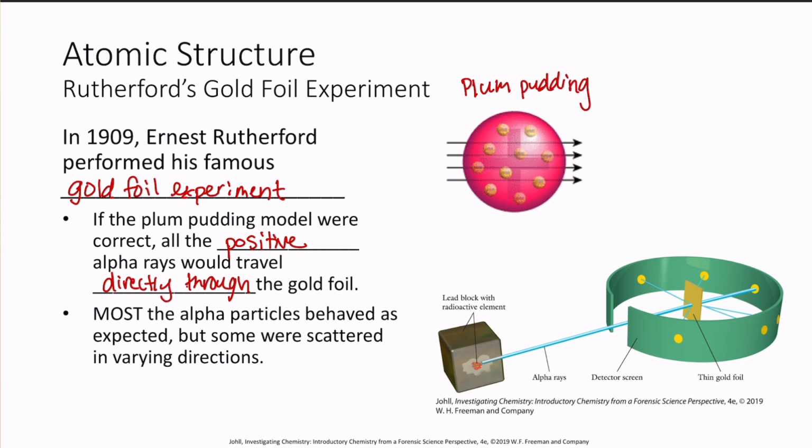As you can see here, the alpha particles were shot through, and most of them did travel and were detected directly on the opposite side. However, there were some that deflected in different areas. So most of the alpha particles behaved as expected, but some were scattered in varying directions.